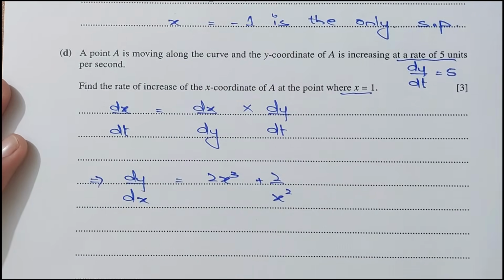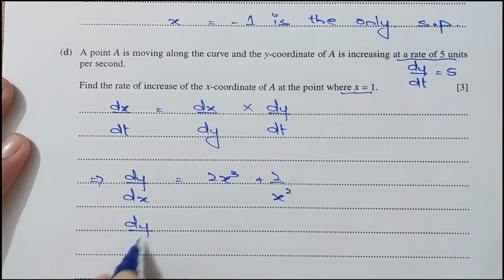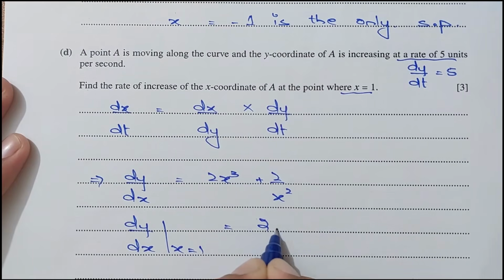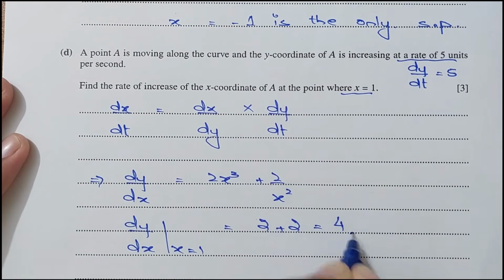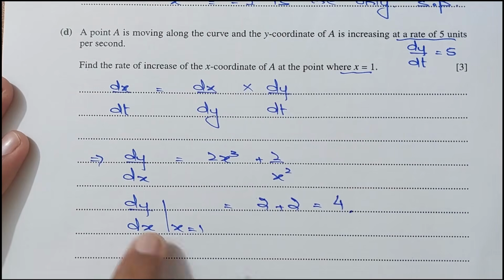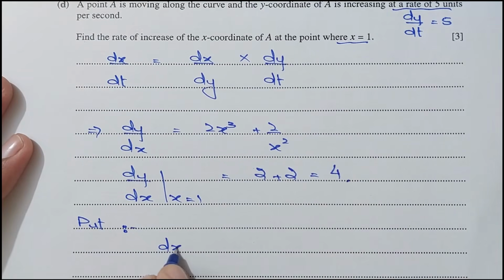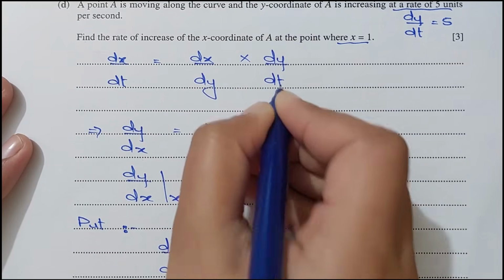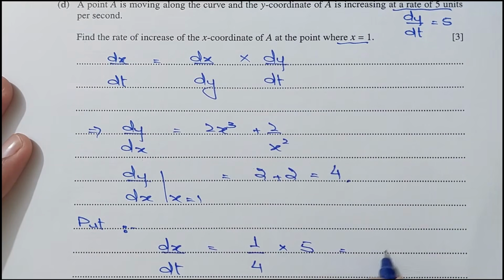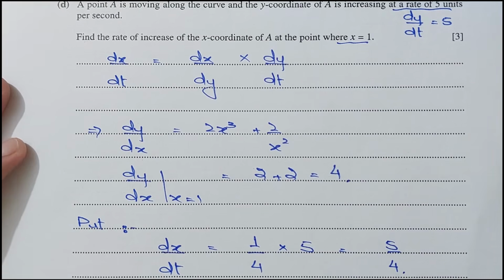So at x equals 1, we have 2 plus 2, which is equal to 4. But we have to find dx over dy, the reciprocal. So dx over dt is the reciprocal of this, 1 by 4, times 5, so this is 5 by 4. So the rate of increase of the x coordinate of A at the point where x is 1 is 5 by 4.